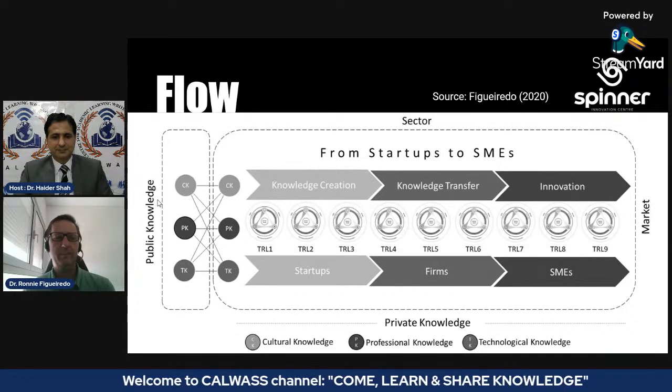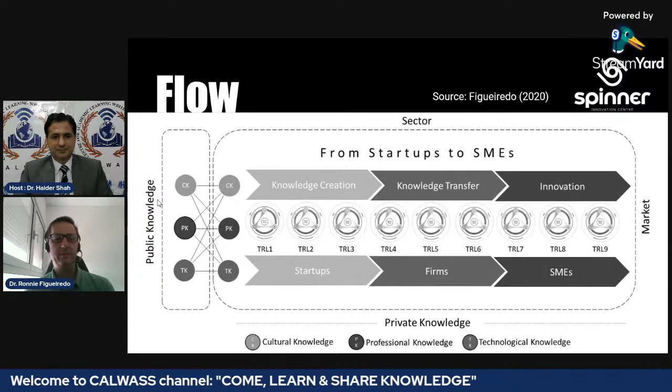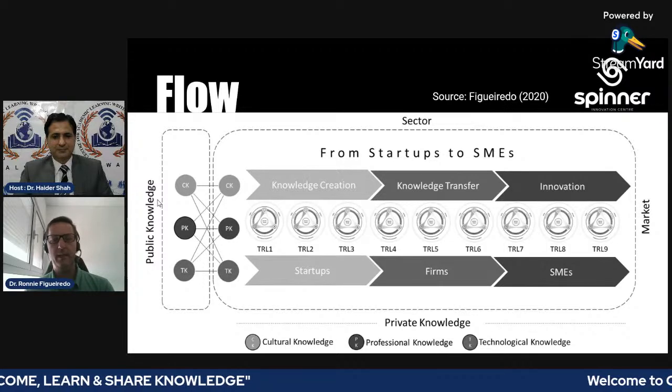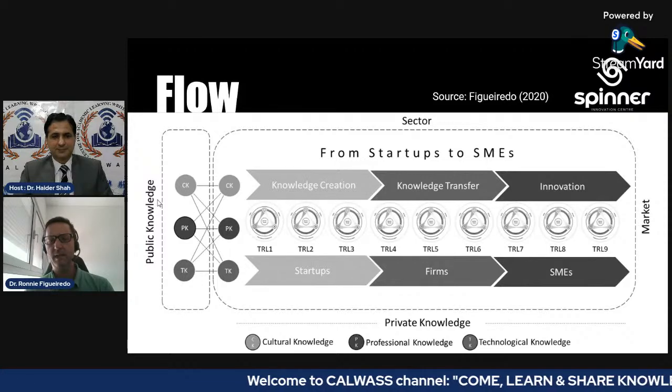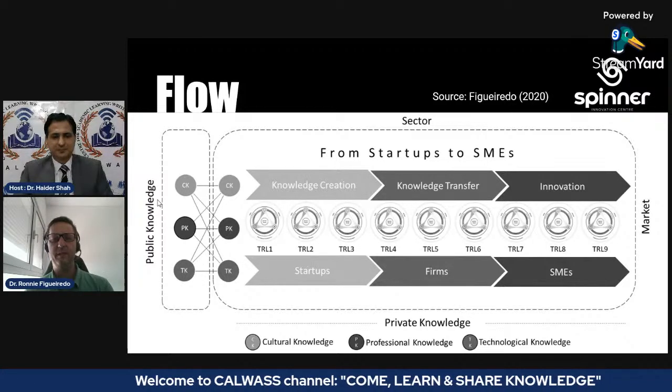So I need to analyze knowledge creation in three steps, TRL 1, 2, and 3. Then knowledge transfer, TRL 4, 5, and 6. And then TRL 7, 8, and 9 in terms of innovation.